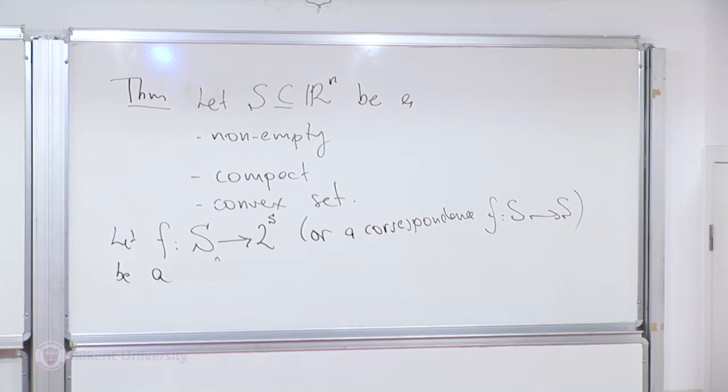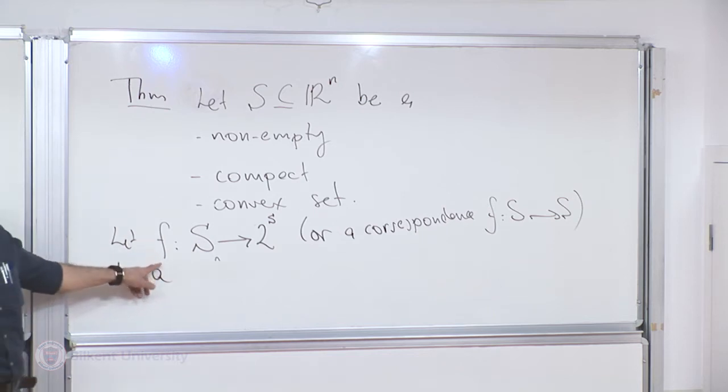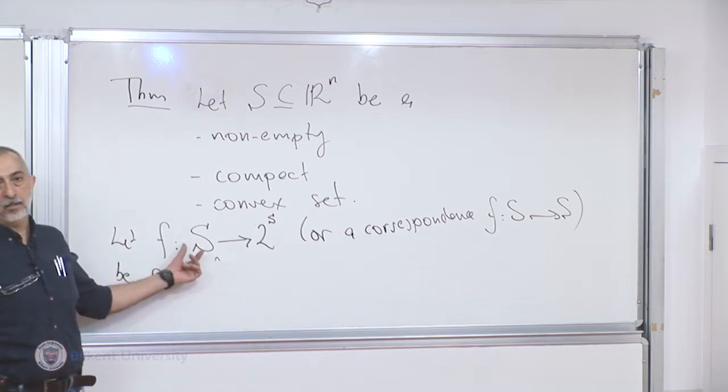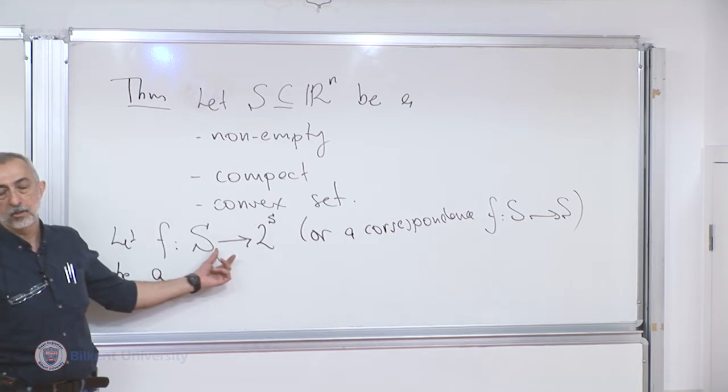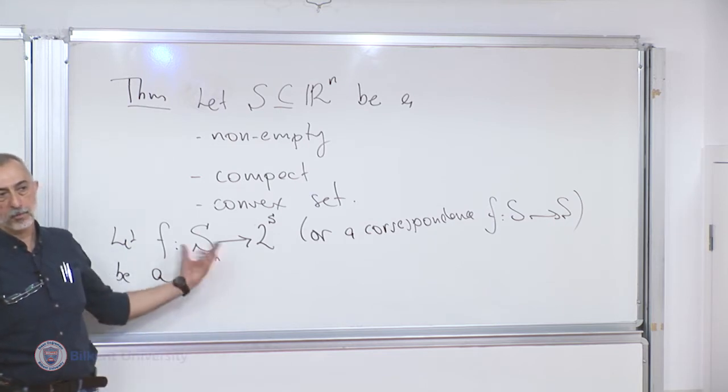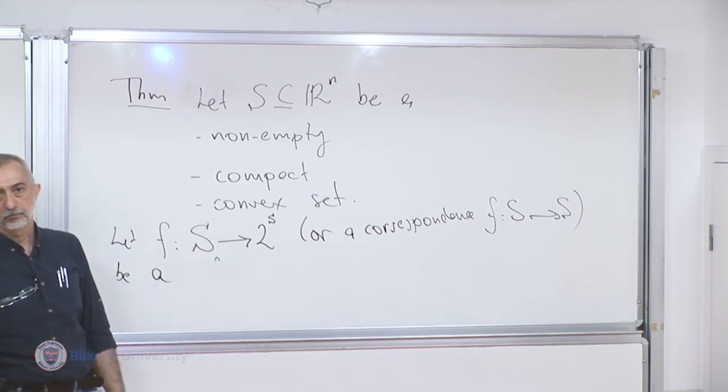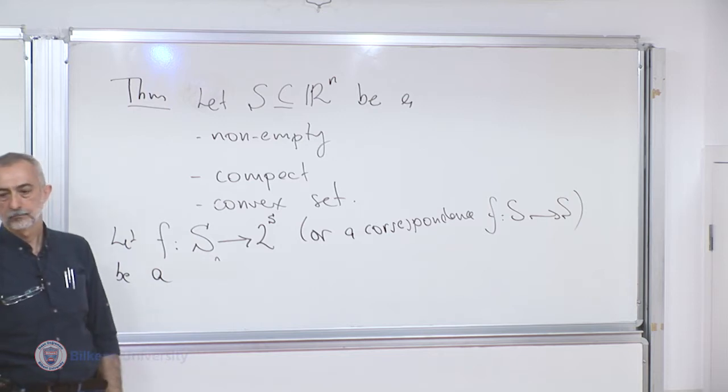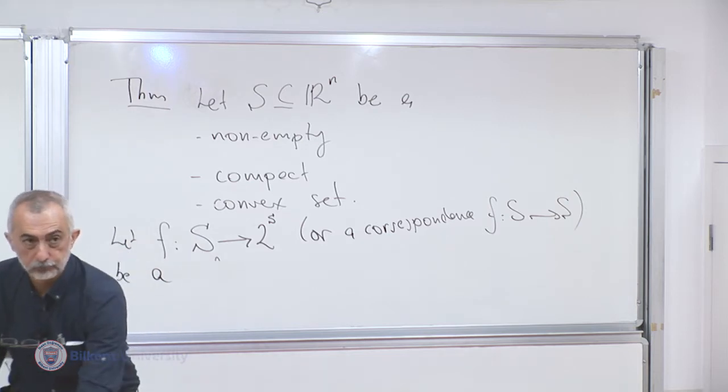Any questions about this? We use this to prove the existence of a Nash solution. The correspondence that we used was obtained by taking the Cartesian product of the best response correspondence of each agent. Any other questions?